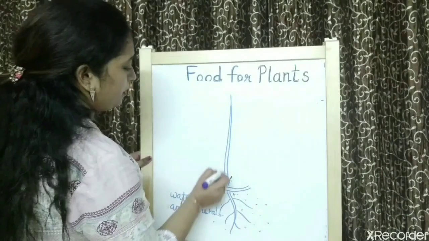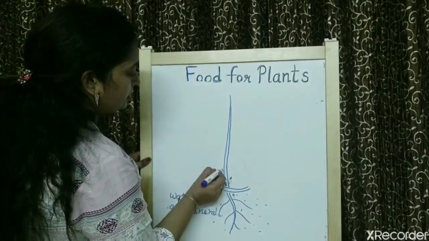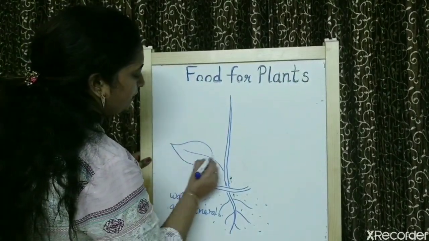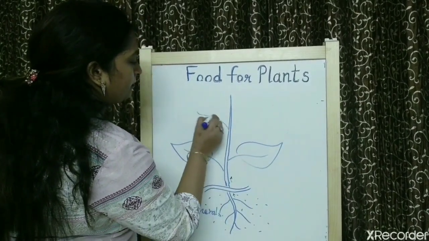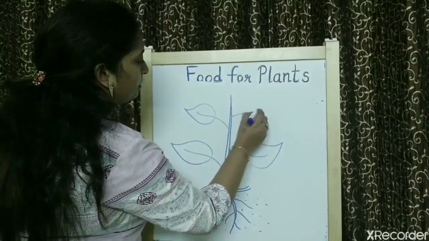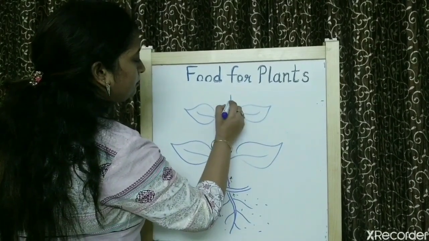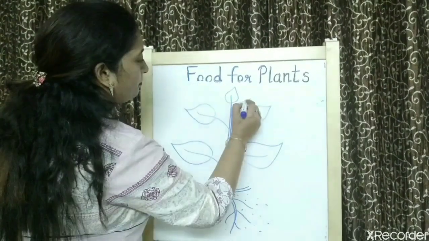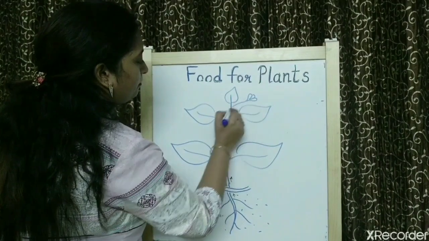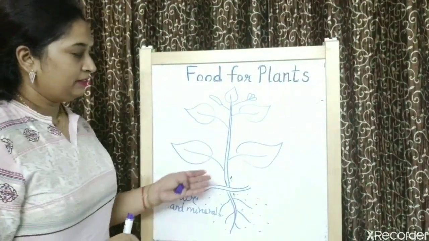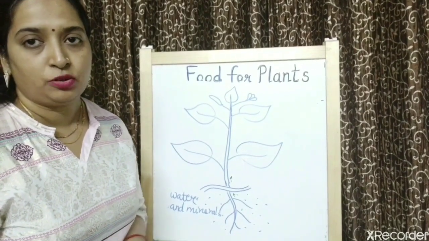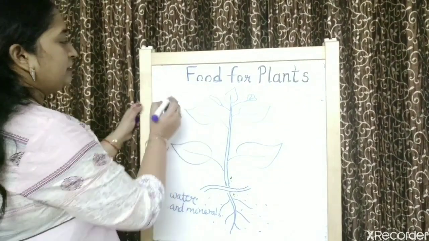Right? Now if I complete the diagram, the plant will be having leaves. Right? So this is showing a plant diagram. Then what is required, children?